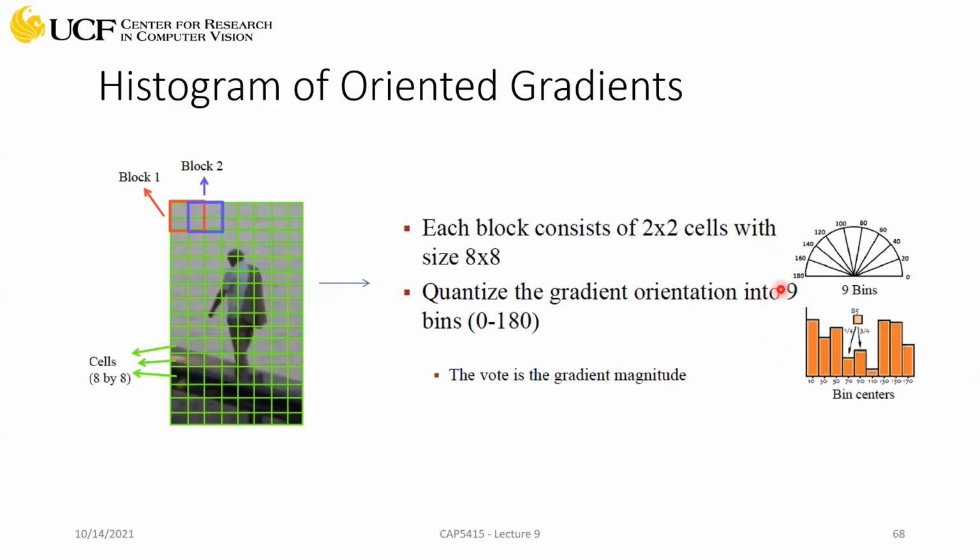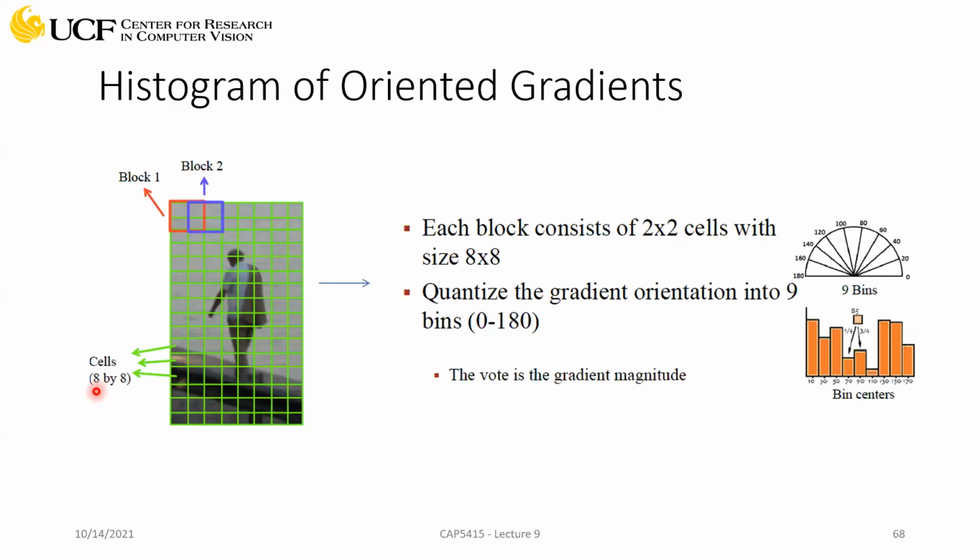So let's say we divide into 9 different bins. This part is a little bit tricky, so please interrupt me and let me know if something is not clear. All right. So you have these angles and you have all these bins. Now you go to each cell, and in this case we'll have 64 different orientations.